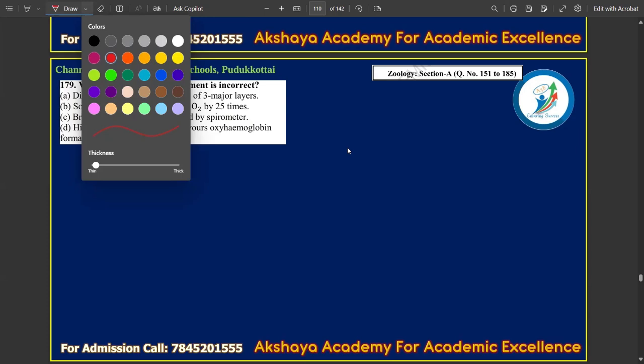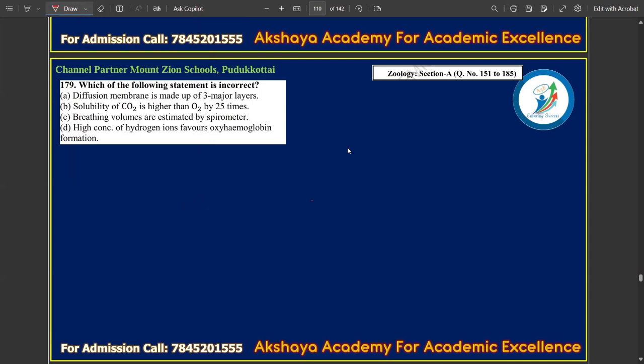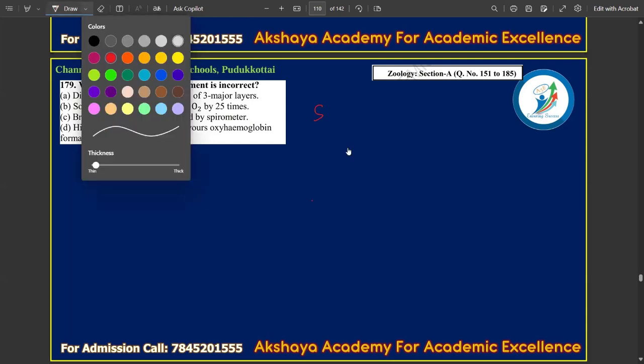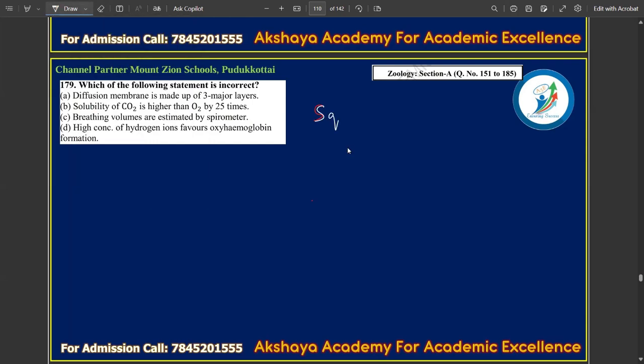If you remember, those layers are, first one is the squamous epithelium of the alveoli, layer 1. Layer 2 is basal layer.